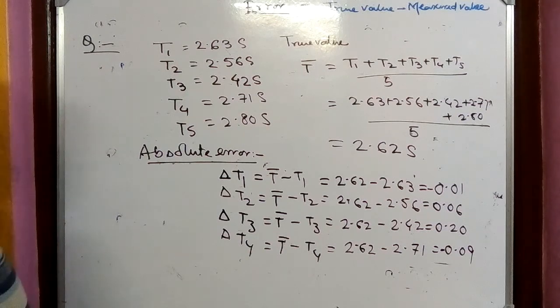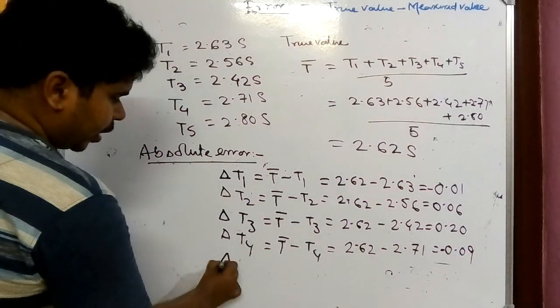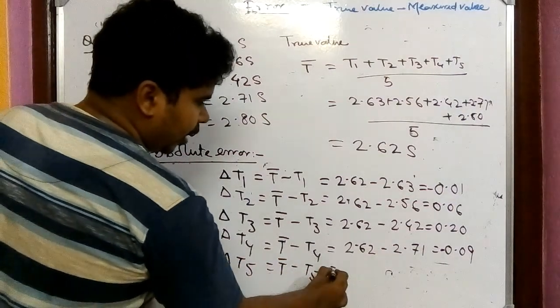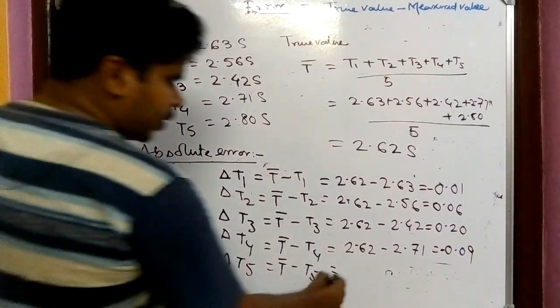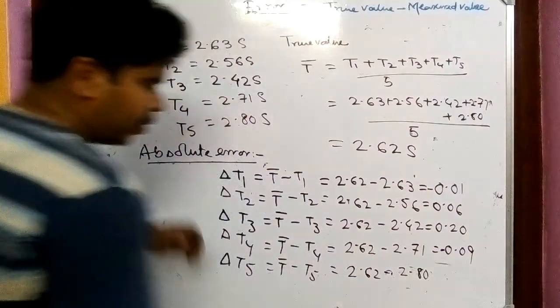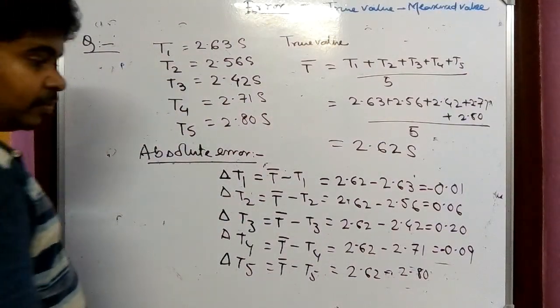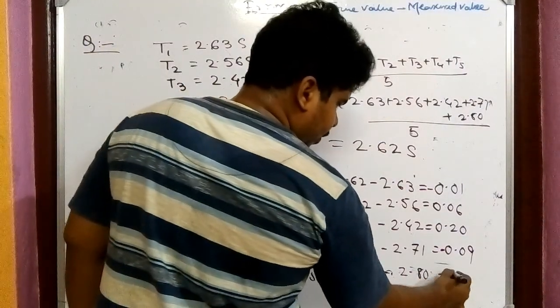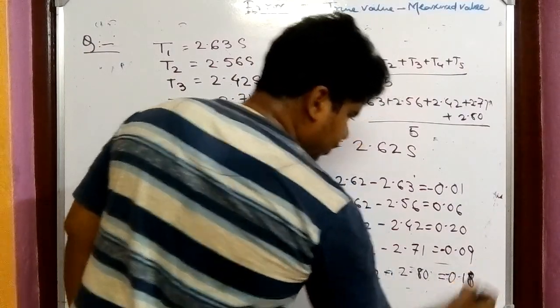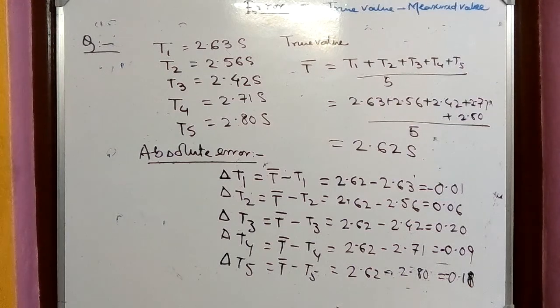Next we have delta T5, that is T bar minus T5, and it is 2.62 minus 2.80. So here it will come 0.18 with a minus sign. So these are the absolute errors we have found out.